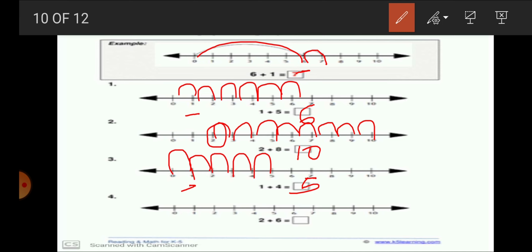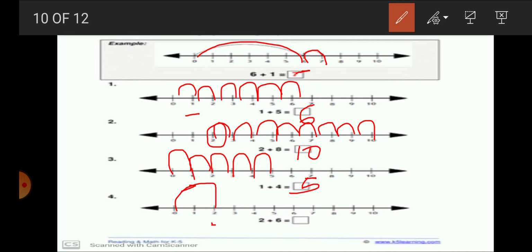Next sum is 2 plus 6. So first of all, what should we do? Find number 2 on the number strip. Where is number 2? Yes, it is here. You are right. So move to number 2. Then how many steps do we have to move forward? Is it 1? Is it 2?